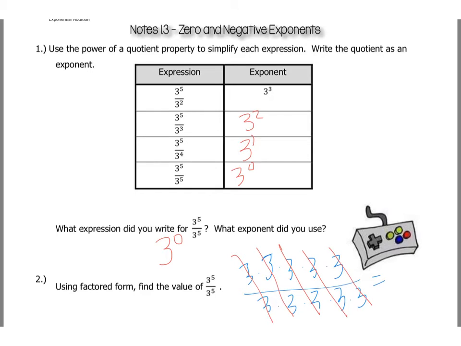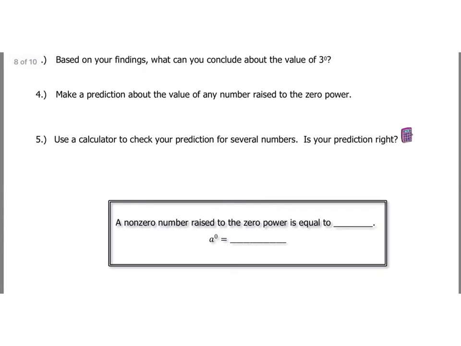So I end up with 1, or 3 to the 0 power. So based on your findings, what can you conclude about the value of 3 to the 0 power? Just like I listed before, it is 1. Remember, anytime that you have a number that is the same in the numerator as it is in the denominator, 4 divided by 4 is always 1. That would also have become 4 to the 0 power because 1 minus 1 is 0.